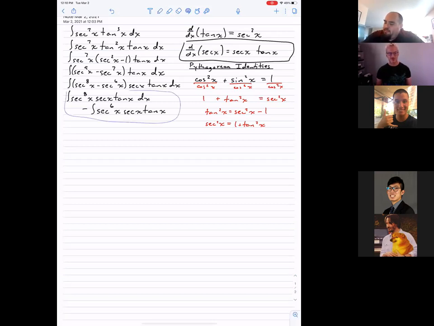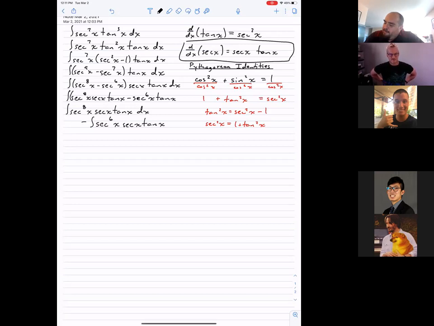Oh, you distributed the secant x tangent x against the... Yeah. Okay. So while I'm writing this down, can we now use undoing the chain rule of my final step down there to get to the integral I want?